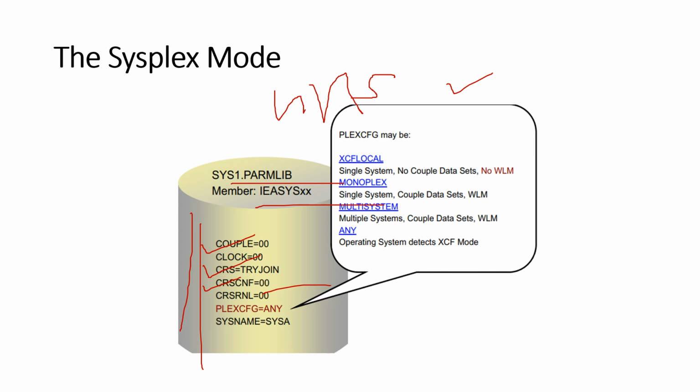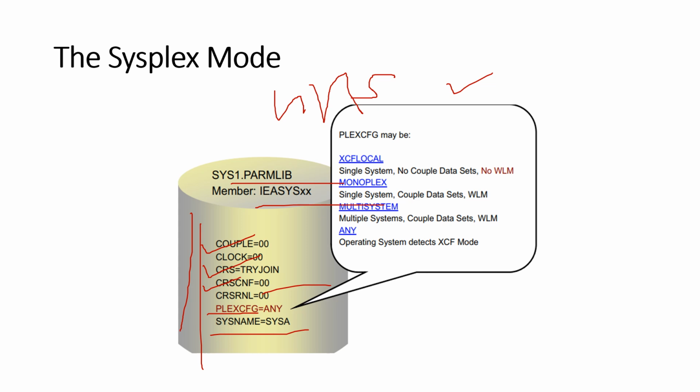Next is PLEXCFG, and last one is SYSNAME. SYSNAME identifies the z/OS image by this name, and the Sysplex name is typically given in a LOADxx member to identify the system in a Sysplex, and needs to be specified when formatting couple datasets.